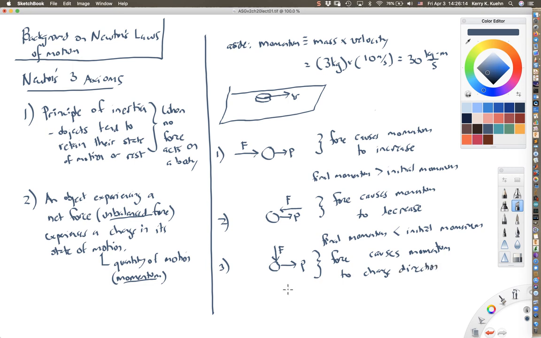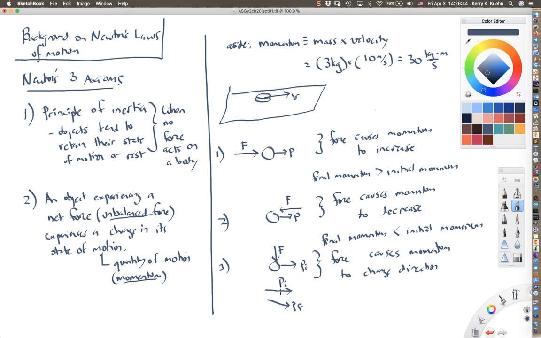So I'm going to draw another little picture. This is the initial momentum. I'll draw it with an arrow that way. Afterwards, its final momentum might be downward a little bit. So it was sliding in this direction, you hit it on the side with the hockey stick, and as a result, its final momentum is directed downward.